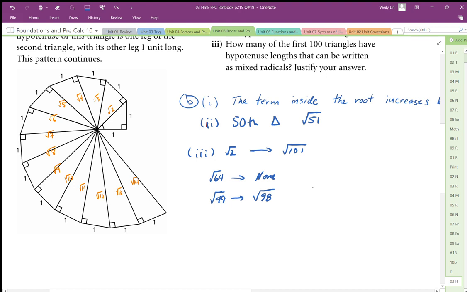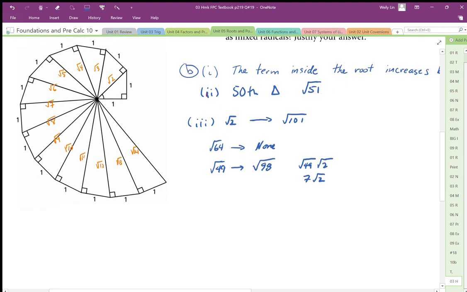So I'm going to end up with root 49 times root 2, and this becomes 7 root 2. So I can generate a mixed radical based on there being a perfect square factor and something left over. And with 49, that's the only one that we can use.